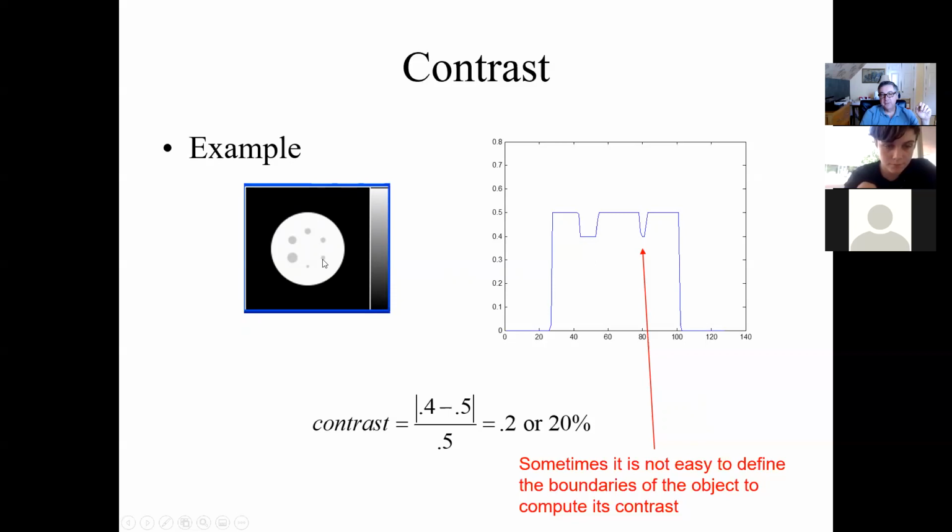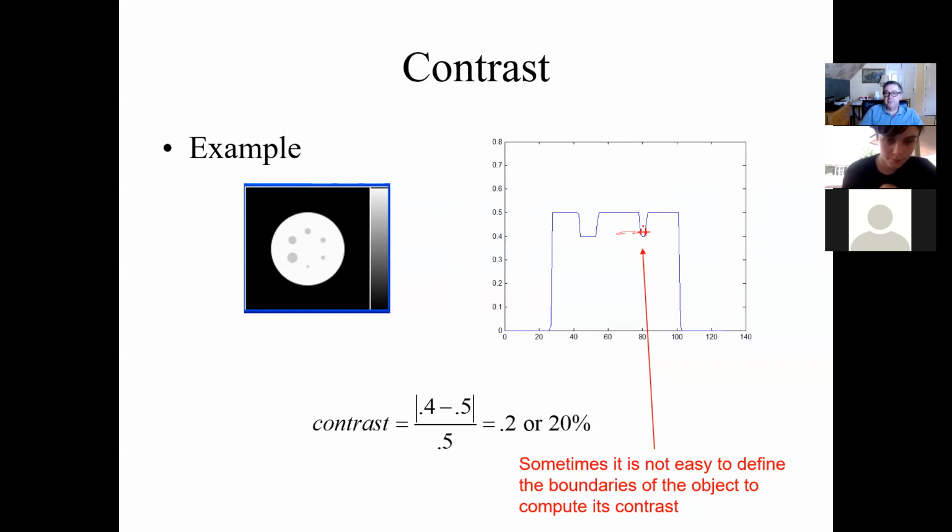and so if I was to say, okay, well, I could take the minimum point as a contrast with that, but that's just looking at one pixel. And so, we might prefer to define some boundaries for what we think the object is and average its intensity. And if we did that, we might actually be averaging values over some range here, let's say from here to here.